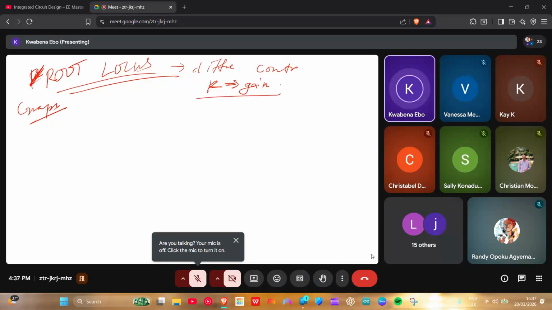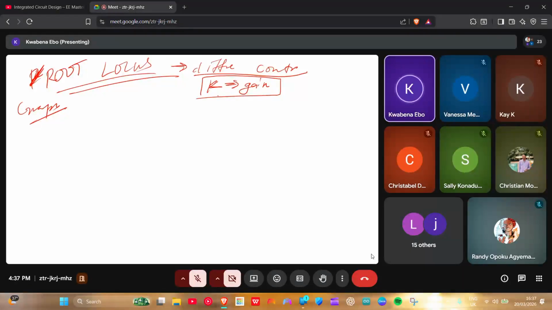So at different values of the gain, root locus gives you the different behaviors of the system. In root locus there are rules, and I don't really remember them.